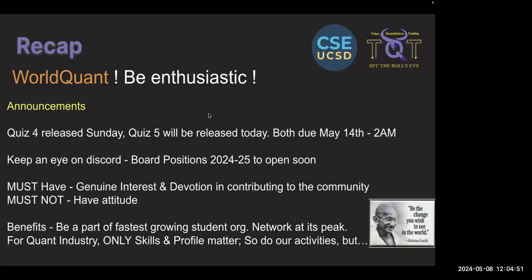It's not about having very in-depth experience with quant. It's a new initiative, so you will learn as we progress, but some interest and insight into it, or the devotion to actually help others grow here, is what we ask for.